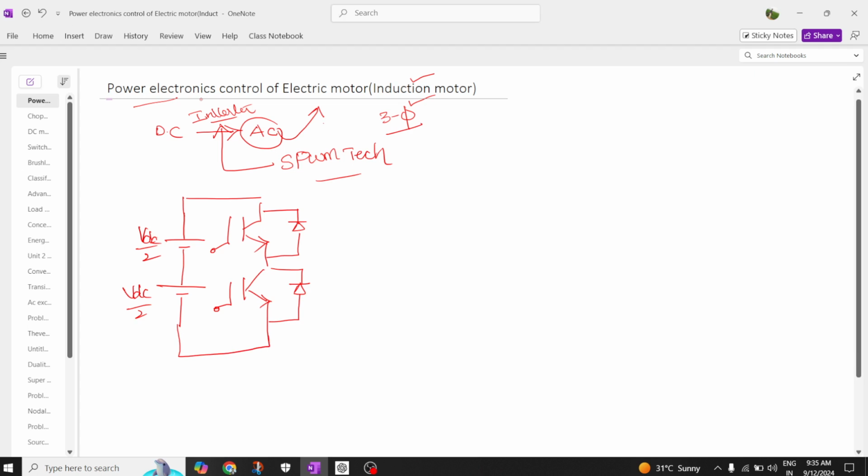So this I am going to label as switch S1, and this diode. The purpose of this diode is to provide a path for reverse flow of current.